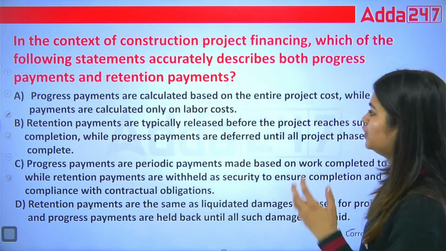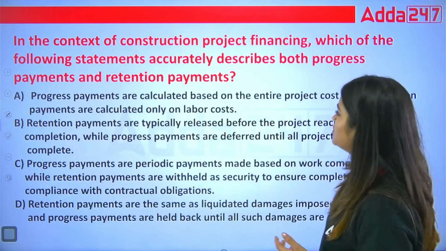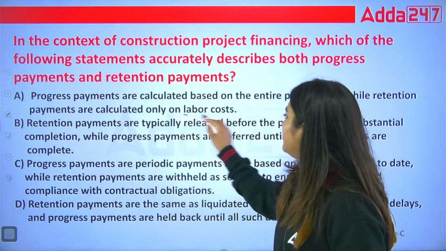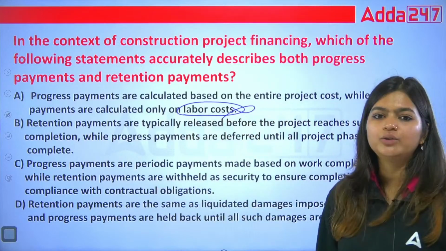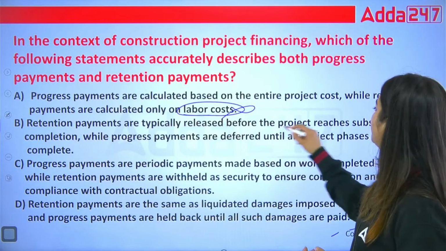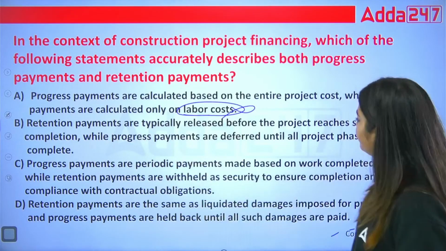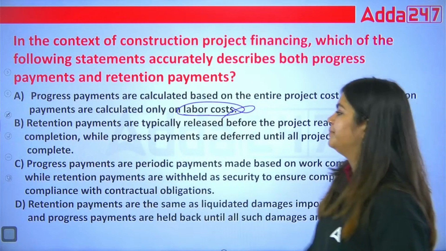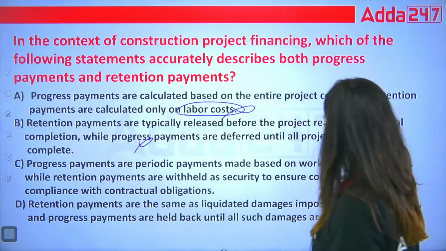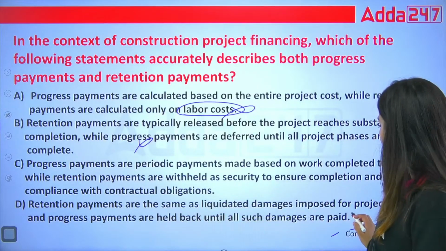So as per this, if you see the options one by one, option A says progress payments are based on the entire project cost, while retention monies are on the labor cost. No, this is wrong. We are not calculating based on the labor cost. Option B says retention payments are typically released before the project reaches substantial completion, while progress payments are deferred until all project phases are complete. No. Let's talk about D. Retention payments are the same as liquidated damages imposed for project delays, and progress payments are held back until all such damages are paid back.